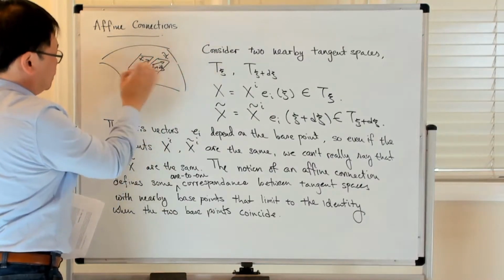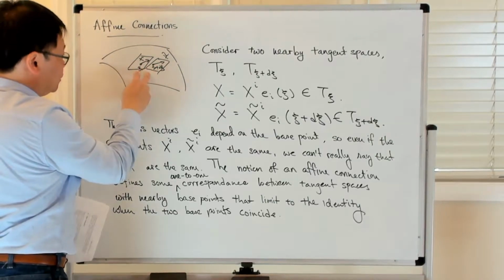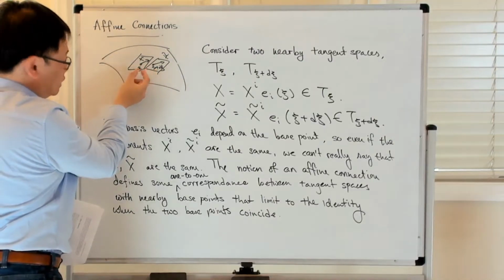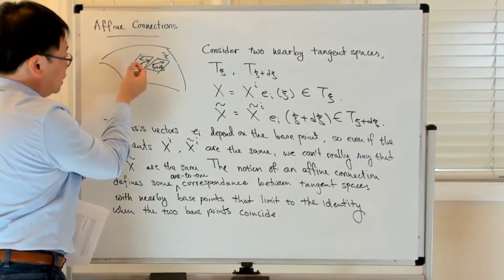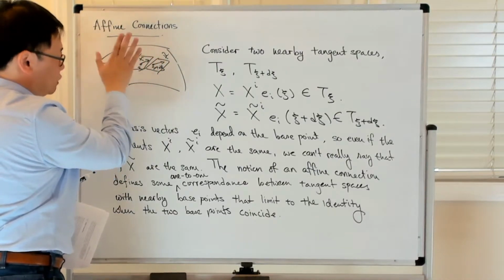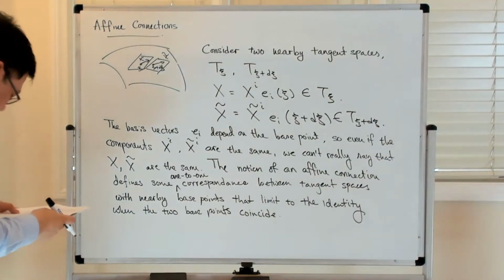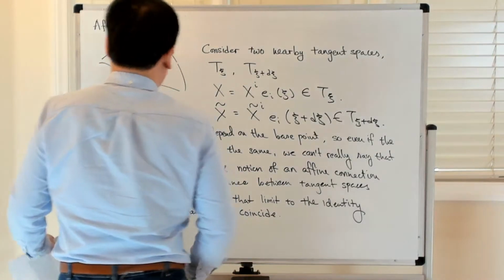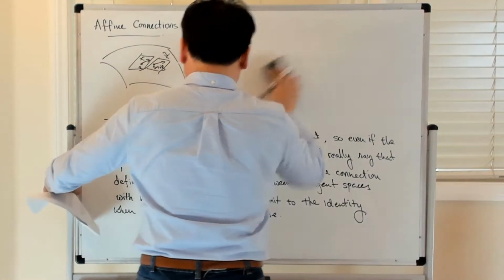And this one-to-one correspondence between tangent spaces, with different base points, is such that as the two base points approach each other, in the limit those two things are literally the same vector on the same tangent space. Okay, so let's try to make this idea a little bit more precise.